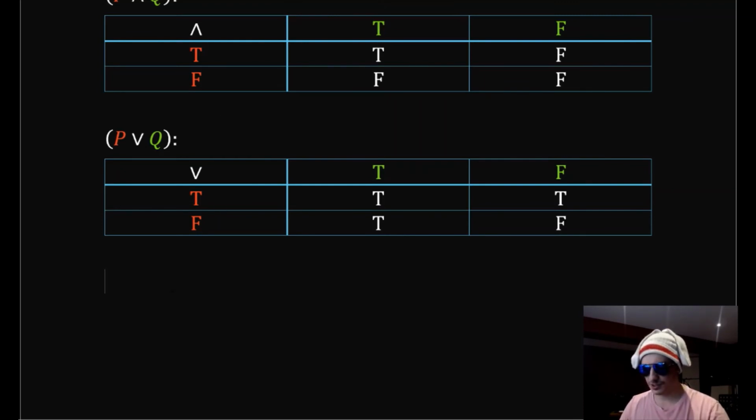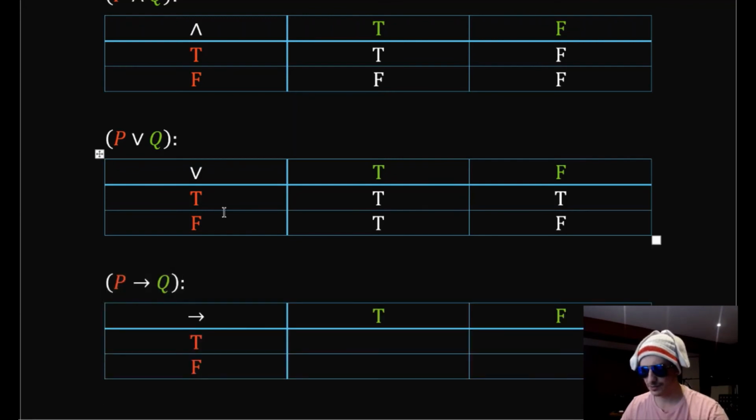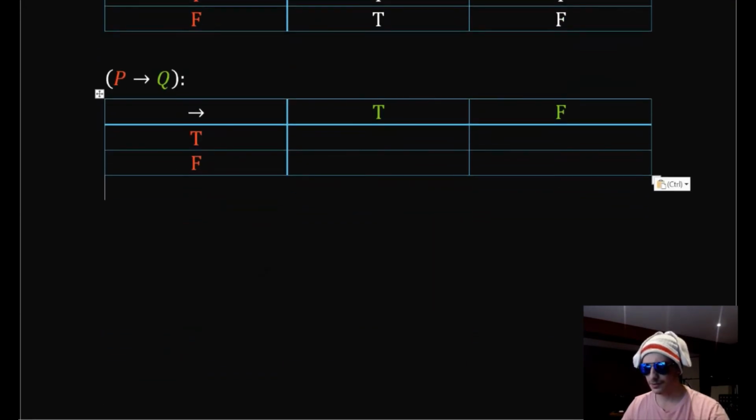Now, earlier you saw that if-then statement. And this is what it means. This is P implies Q. If P, then Q. So we define implies as if P is true, then Q must be true for the whole statement to be true.